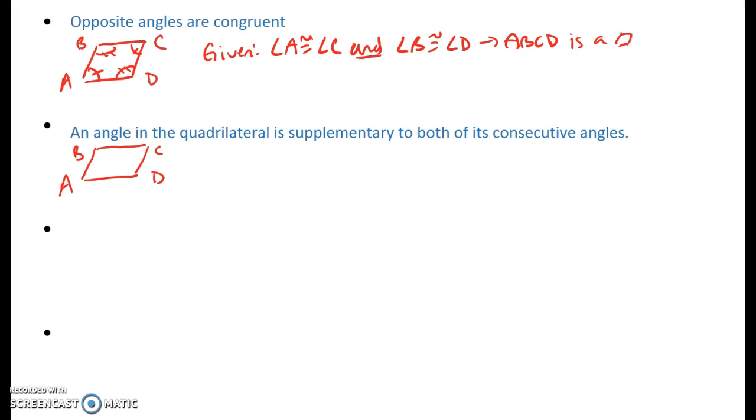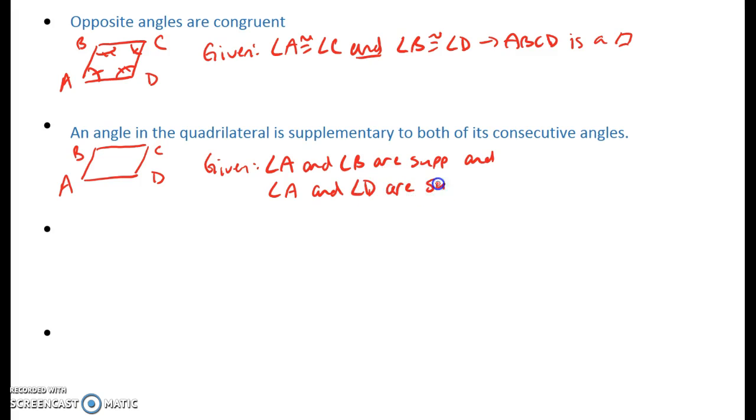That means, for example, if we are given that angle A and angle B are supplementary, and angle A and angle D are supplementary, then we can say that ABCD is a parallelogram.